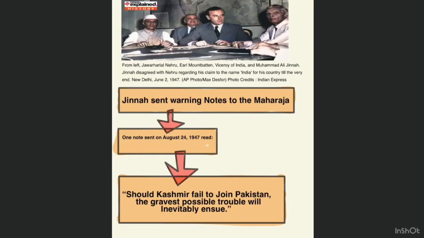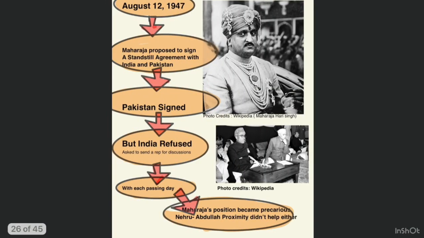At the same time, the Maharaja on the one side was cornered because of his weak army, the challenge posed by Sheikh Abdullah, Sheikh Abdullah's proximity to Pandit Nehru, and one more thing. In the pre-independence time, just before independence, Pandit Nehru had visited the princely state of Jammu and Kashmir to ask the Maharaja to release Sheikh Abdullah because he wanted a democratic setup in the state.